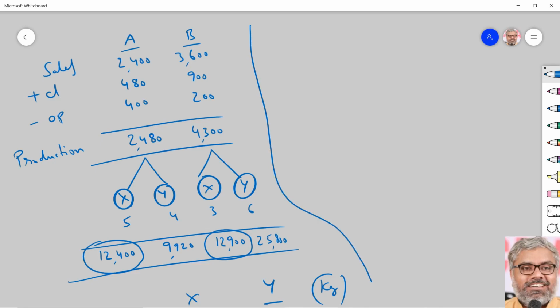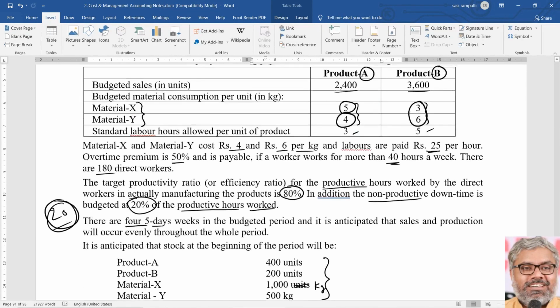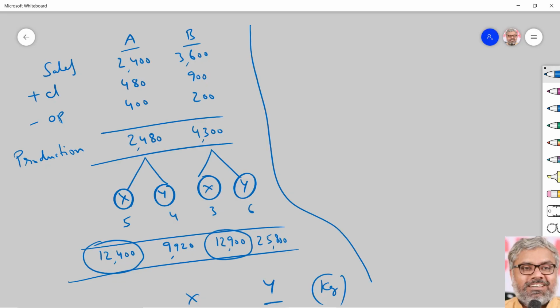Right? So once you have this much production, how many number of hours would be required, standard number of hours, how much will be required? It was given in the question. 3 hours and 5 hours. So 2480 into 3. That will be 7440.